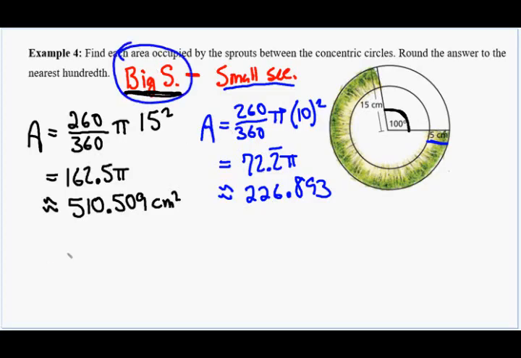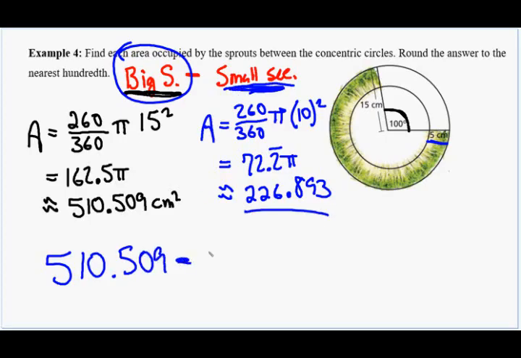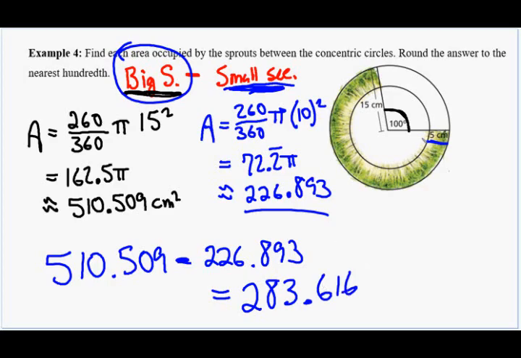Big slice, 510.509, minus small slice, 226.893, and we get our answer of 283.616. Our units are centimeters, and it's area, so those centimeters are squared.